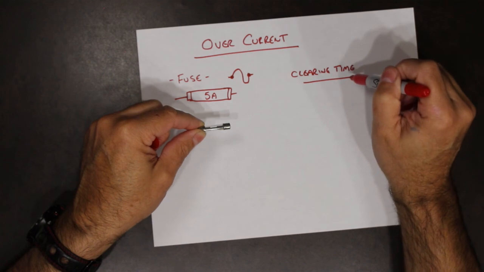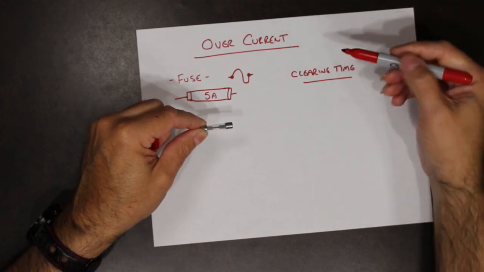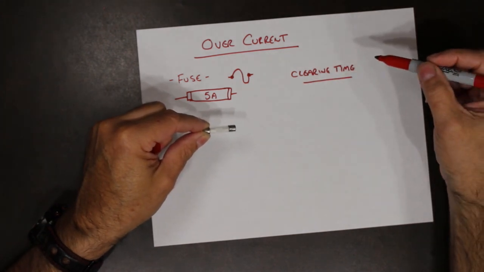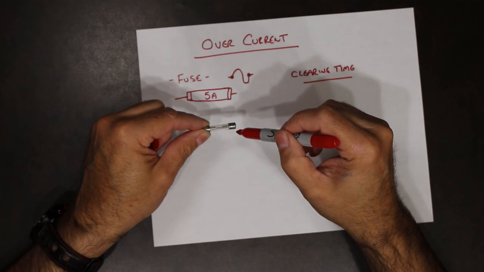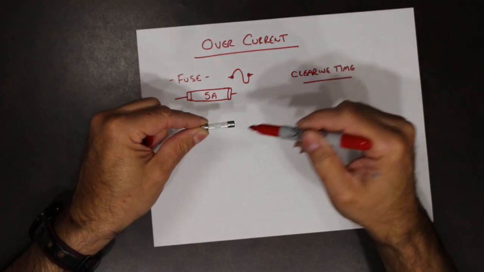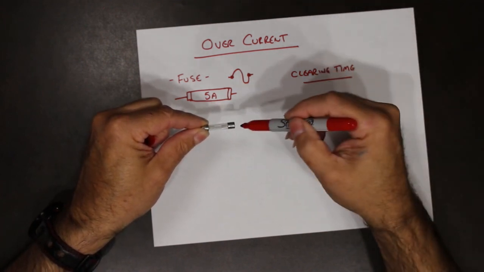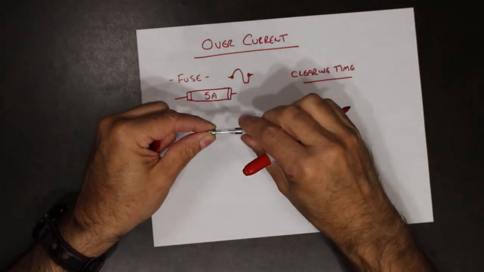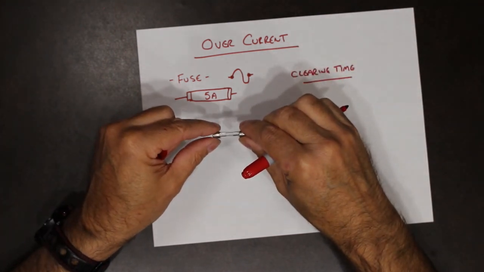That is clearing time. How long does it actually take the device to blow once I exceed the current? The higher the current, the shorter the clearing time. So the more I exceed the current rating, the faster the overcurrent device will blow.